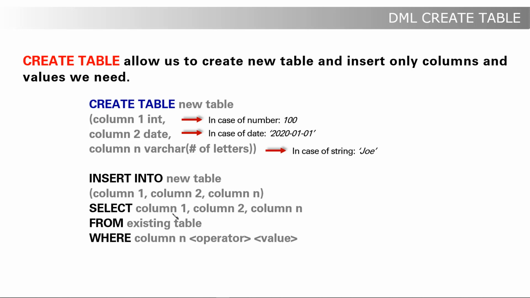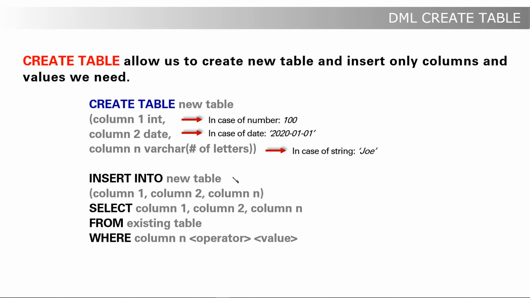The existing table can have rows for 20 years, let's say, and we want only 1 year of them. So the where can be the year that we want, or we have a lot of order IDs and we want to create a table of only one order ID. So in the where, we write the condition that we want, the same order ID, and the new table will be for a specific order ID, and so on.